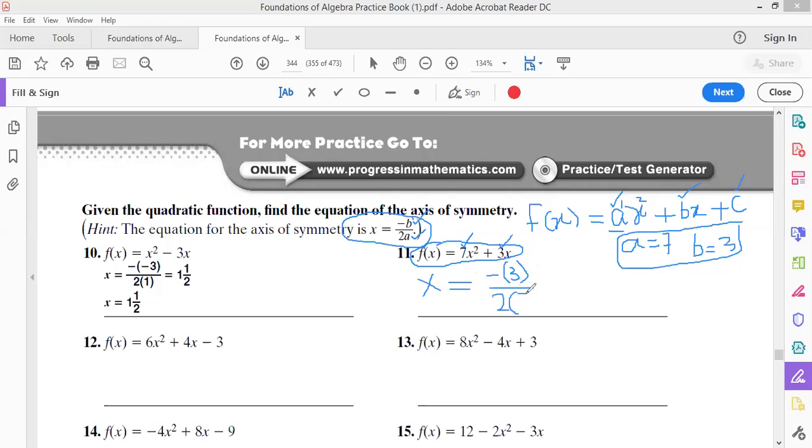What is a? That is 7. So you can write here negative 3 over 14. This is the answer. You will find the value of a and b and put them in.